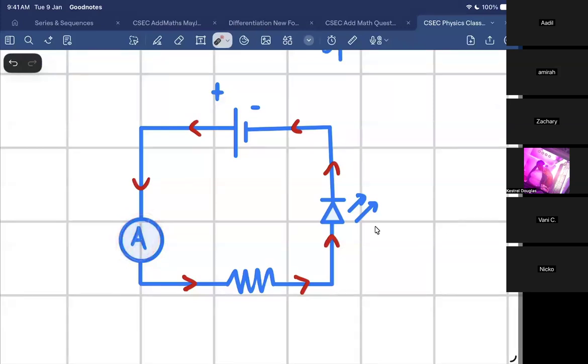Right. Adil, this is an ammeter, and it measures the flow of current. I wanted to hear from Adil. So Adil, what is this? Ammeter. And it measures the flow of current. Good. And the little red arrows represent what? The current. Exactly, they represent current.